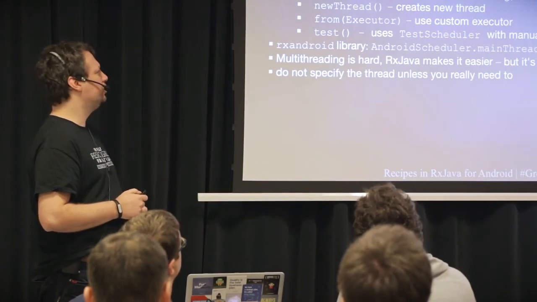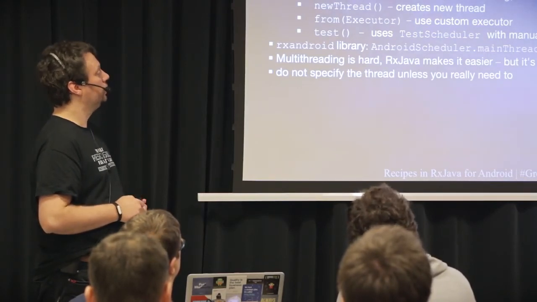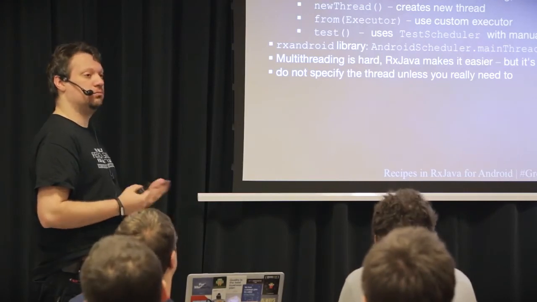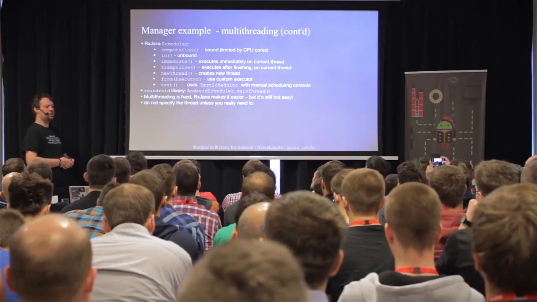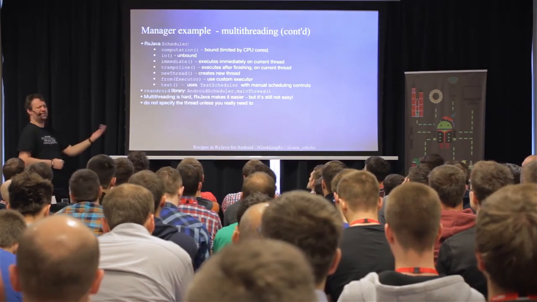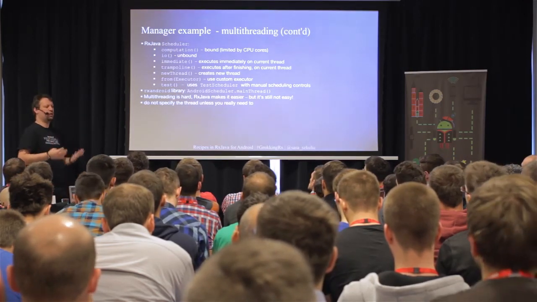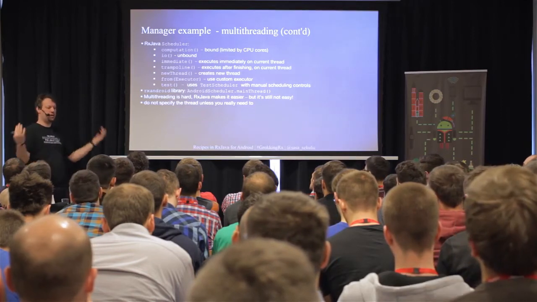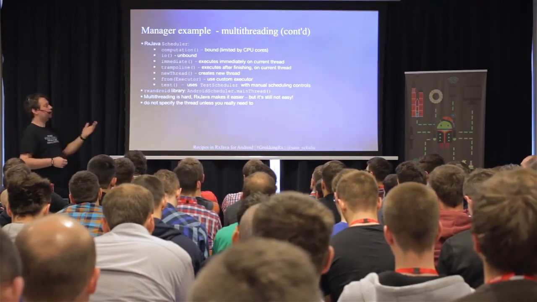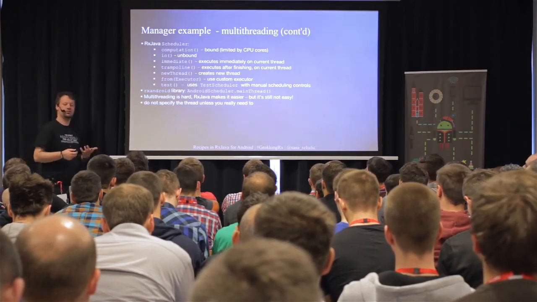The most used are computation and IO. The difference between those two is that IO is unbounded, which means that if you call it 50 times, it will have 50 threads. Why? Because with input-output you don't care about it that much. You don't want to create 100 threads that do input-output because they'll be a bit slow, but they shouldn't be bound by anything.